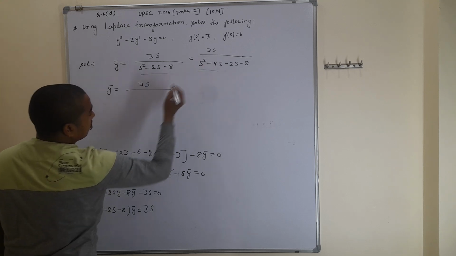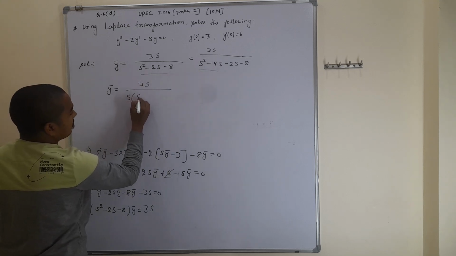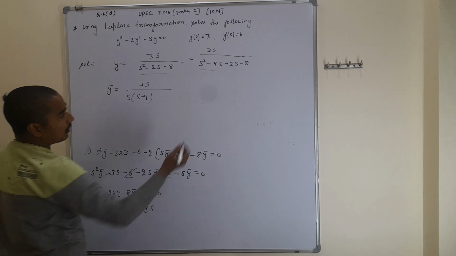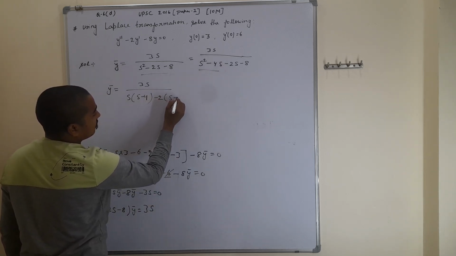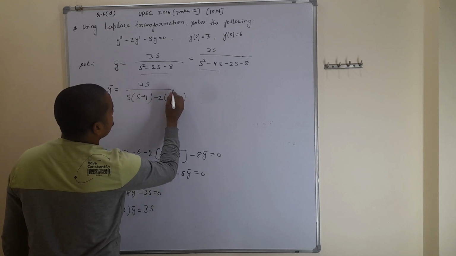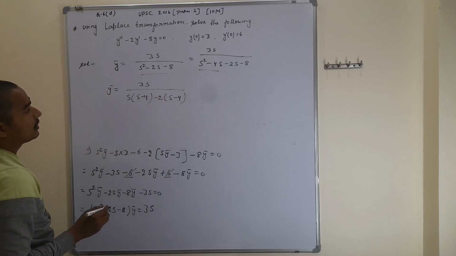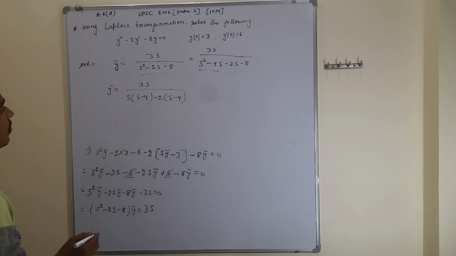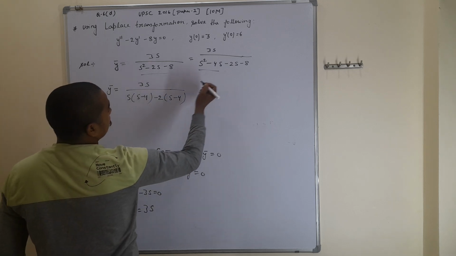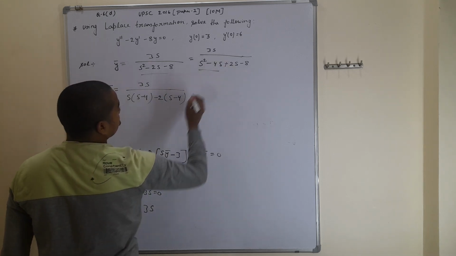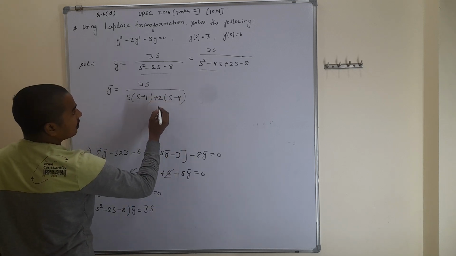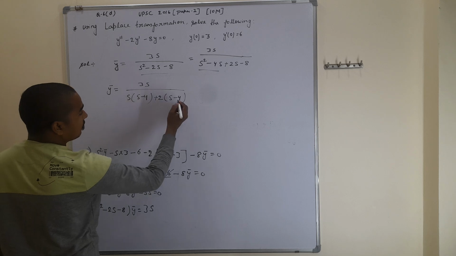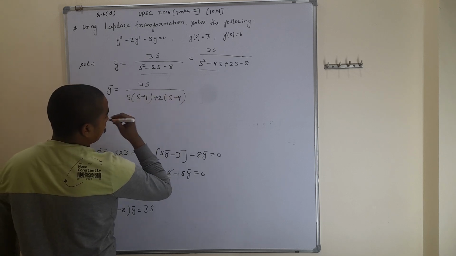Taking s common from the first two terms, that is s minus 4, and from the last two terms taking 2 common, that is s minus 4.